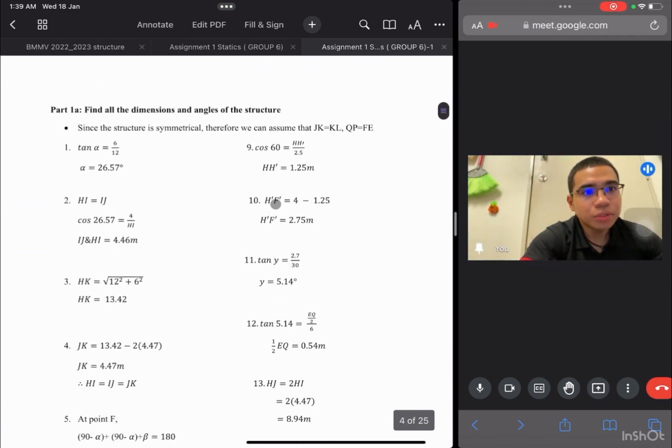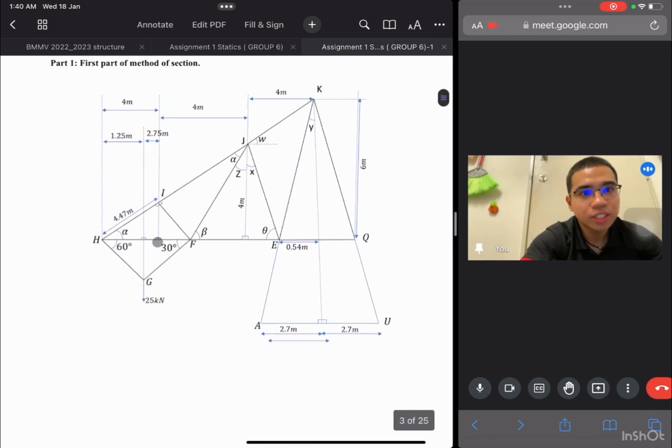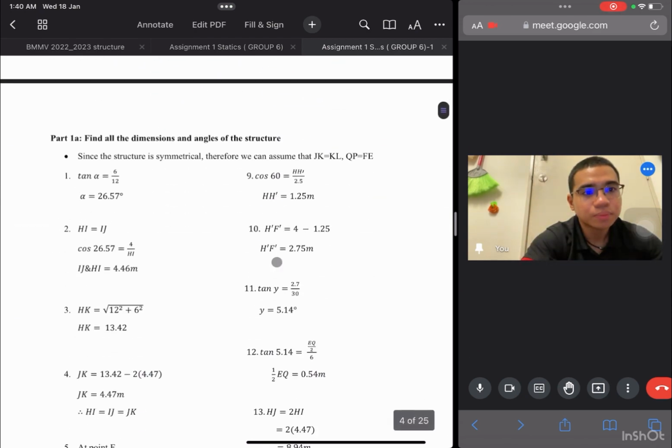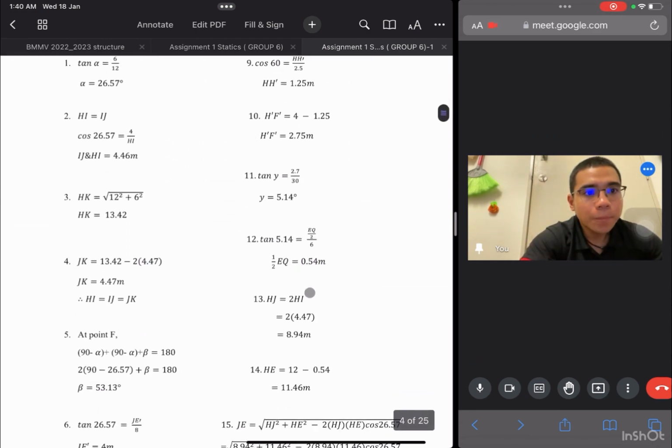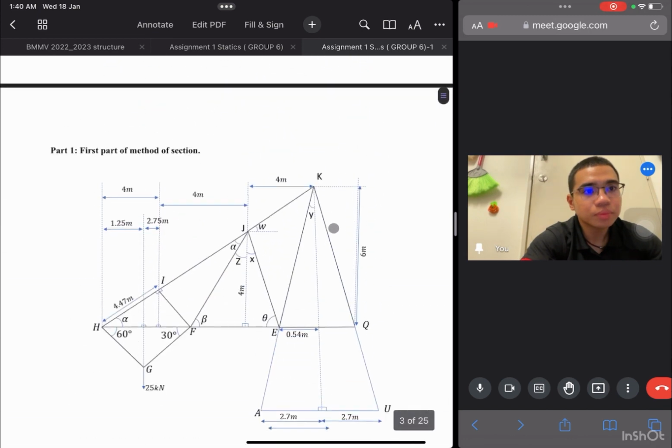Then H prime to F prime equals 4 minus 1.25, so we get H prime F prime equal to 2.75. This is the F prime and this is the H prime, so the distance from H prime to F prime is 2.75. Then tangent Y, to find the angle Y, equals 2.7 over 30.